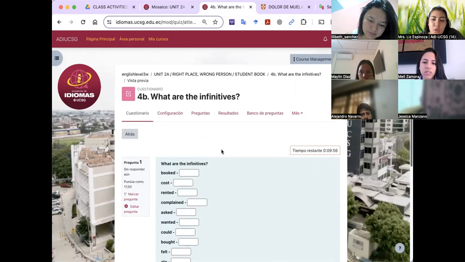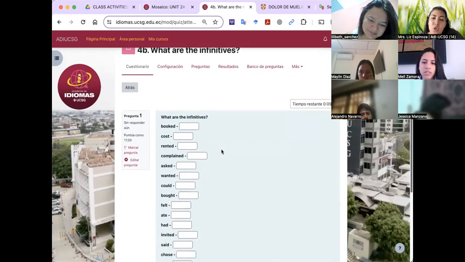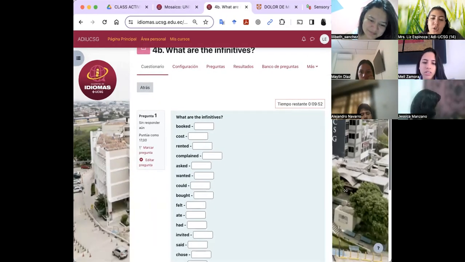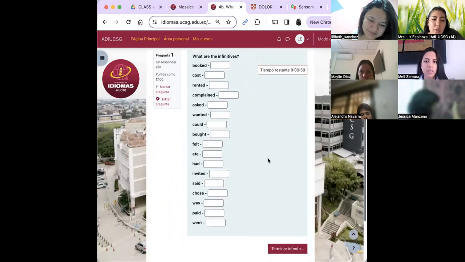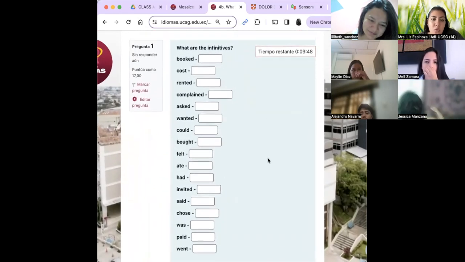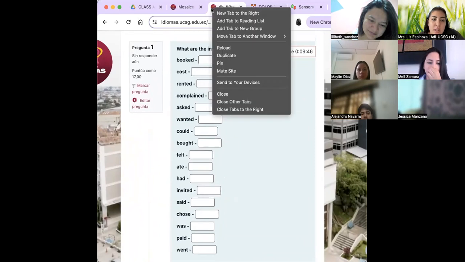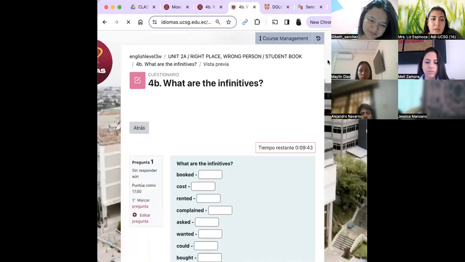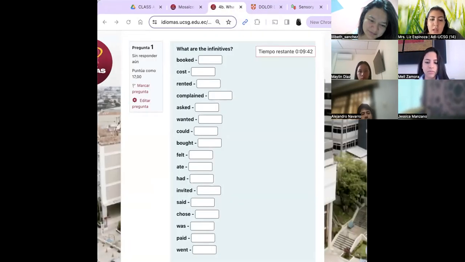Now we have the opposite. We have the past and we need to find out the base form, okay? I'm going to give you a second so you can read the verbs and then I start asking the answers. Look at them. Read them.